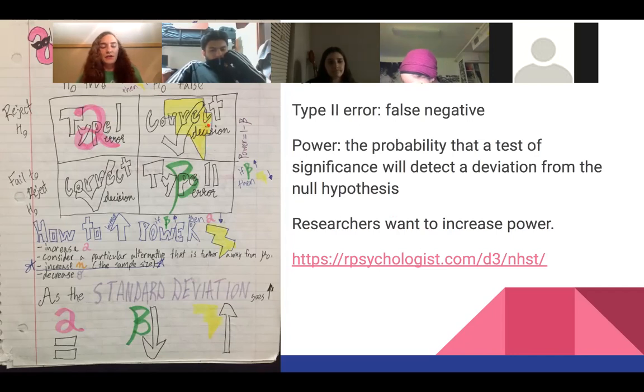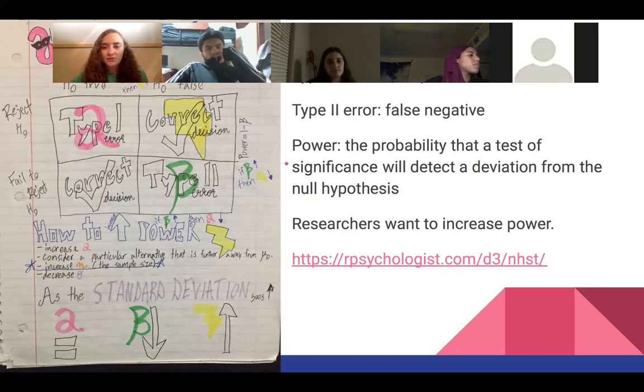This is why it's always good to have a large sample size, because this normalizes the bell curve we were talking about earlier. Having more people moves the mean to be more exact. So that's why researchers always want a large sample size.